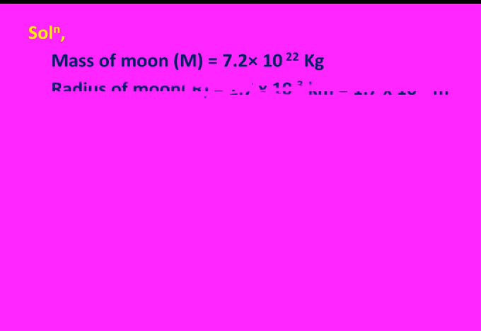Solution. Mass of moon capital M equals 7.2 into 10 to the power 22 kilogram. Radius of moon, capital R, equals 1.7 into 10 to the power 3 kilometer, equals 1.7 into 10 to the power 6 meter.